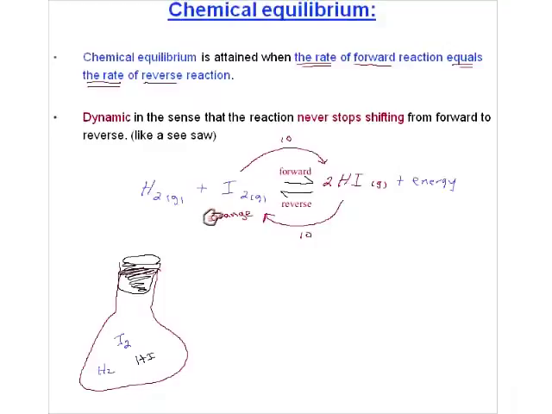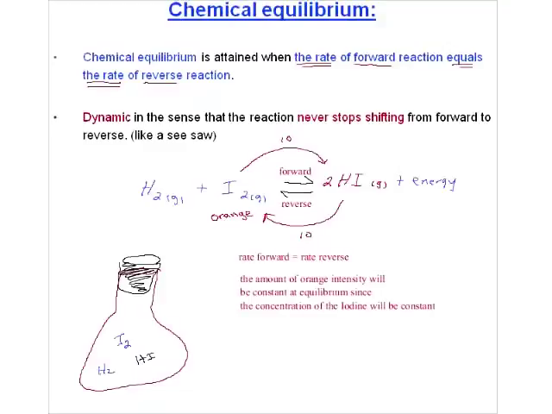So after a short period of time, the orange color is going to stay constant because as they break down, more are forming. So we see that at equilibrium, the rate of forward is going to equal the rate of reverse. So the amount of orange intensity will be constant at equilibrium.